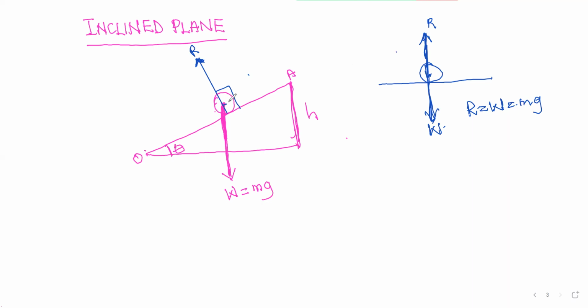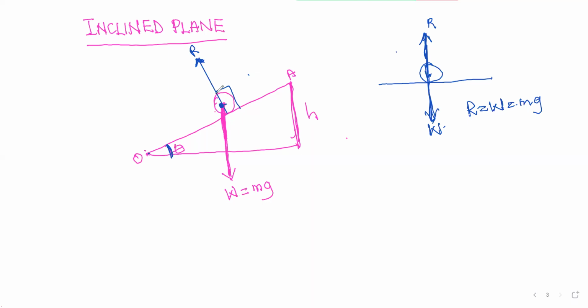Now, when the body lies on a surface that is tilted, the reactional force this time is not really equal to the weight. And this is because of the angle of tilt. Because it is tilted at an angle, the reactional force is not equal to the weight mg. Please, class, are you there?